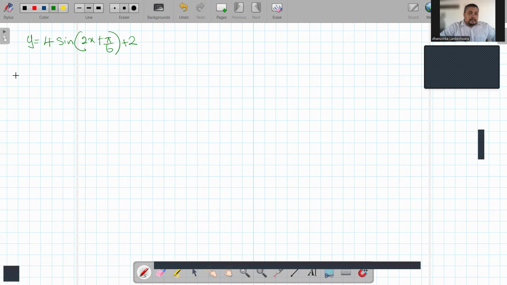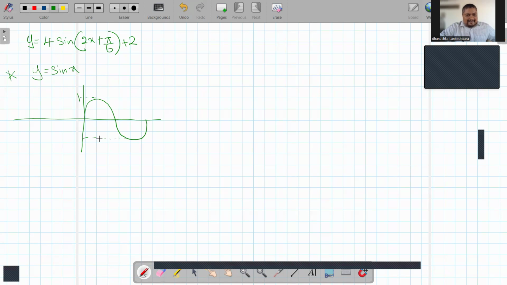So in order to do this sketching, you're supposed to have knowledge of the sine graph, y equals sine x, right? So if I just draw a sine curve, you know how a sine curve is. The maximum value of the sine curve is +1.